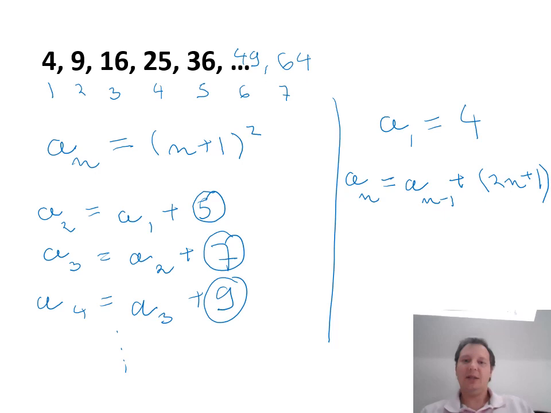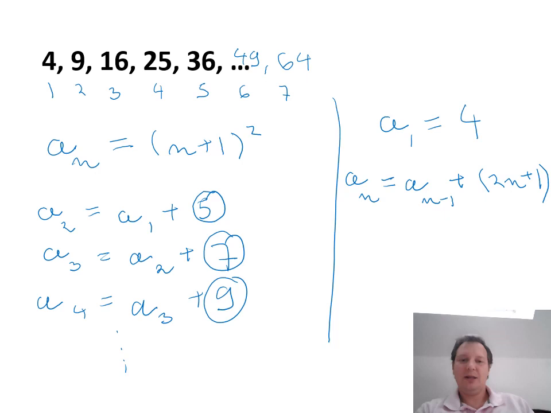So let's check it. a of 1 is equal to 4. That's great. a of 2 is equal to a of 1, which is 4, plus 2 times 2 plus 1, which is 5. So a of 2 is equal to 4 plus 5, which is 9. All good. a of 3 is equal to a of 2, which is 9, plus 2 times 3, 6, plus 1 is 7. 9 plus 7 is 16.